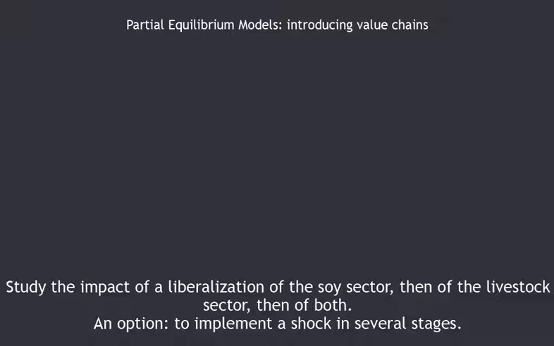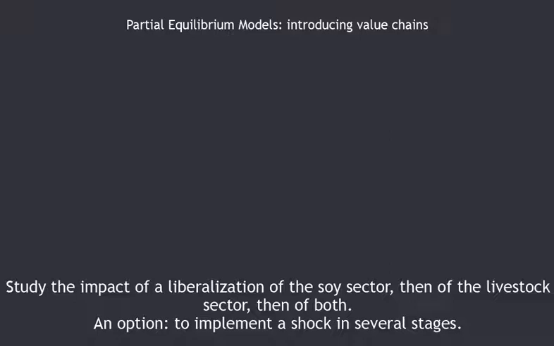For example, if you study the total liberalization of both sectors and you have some difficulties getting the shock to run, what you can do is first liberalize the soy sector, ask for a solve of this first stage, then liberalize the livestock sector.